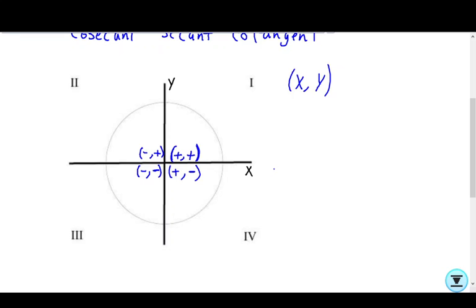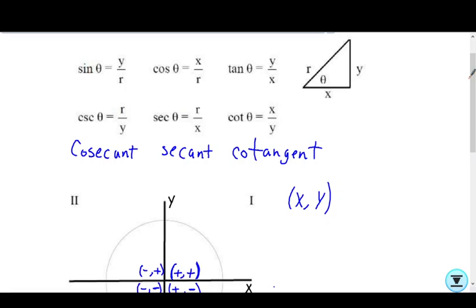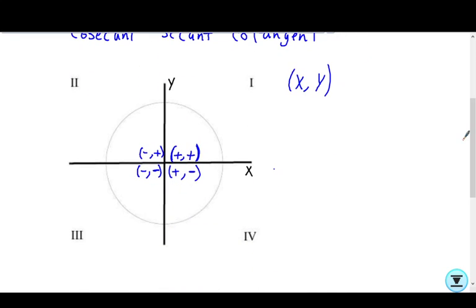Because when we go back up here, notice that we have sine is y over r. And using this triangle, y is my vertical and x is my horizontal. It also means the same thing down here. So if I draw my triangle in my circle, this is the angle right here.